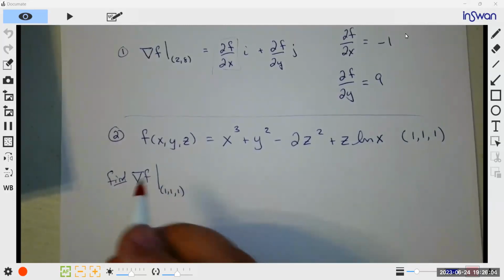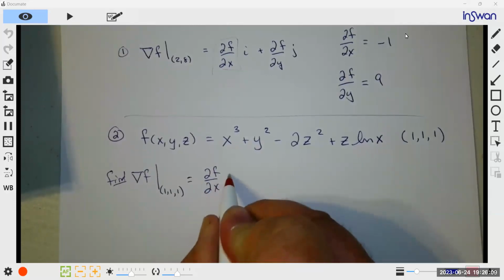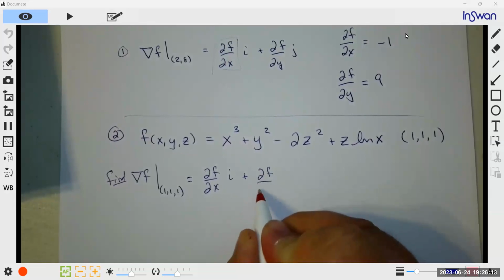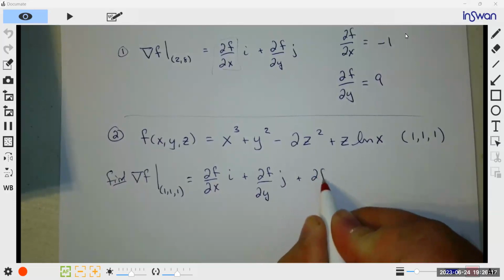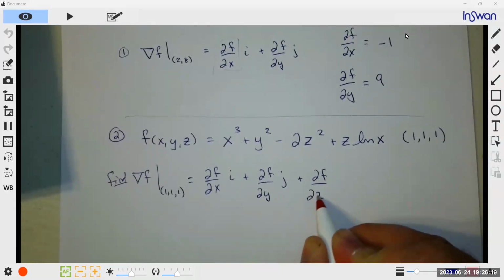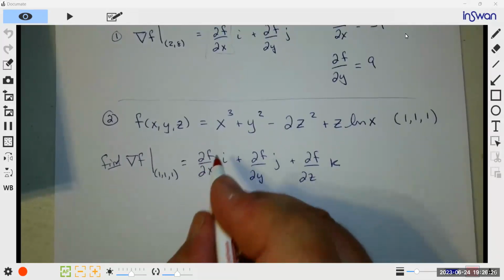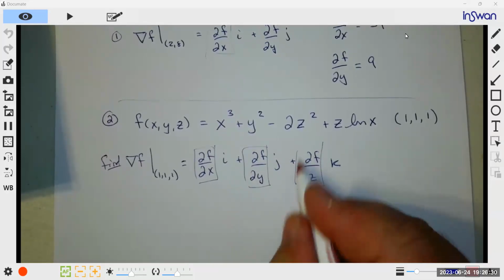Remember, del f is the partial of f with respect to x, i, the partial of f with respect to y, j, and the partial of f with respect to z, k. So we have to find these three.